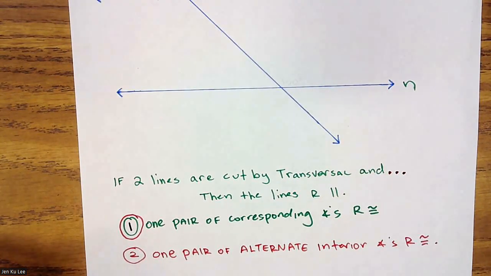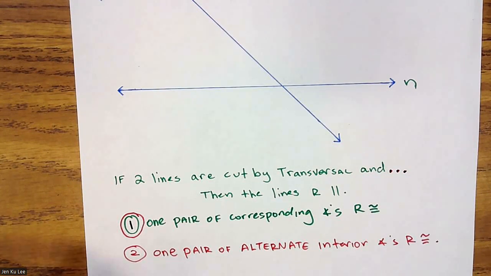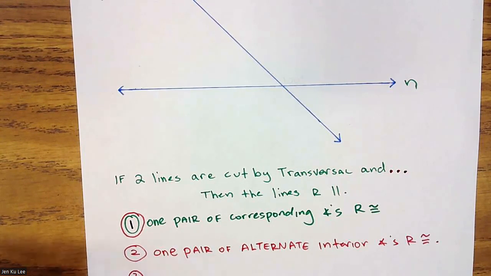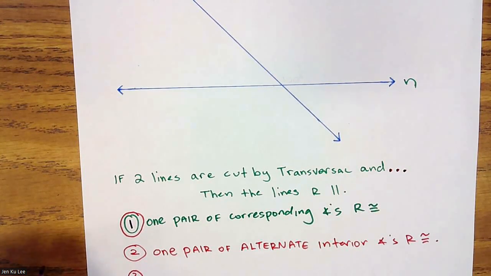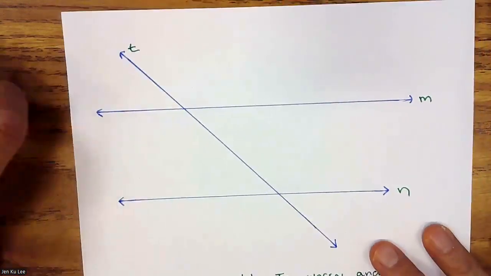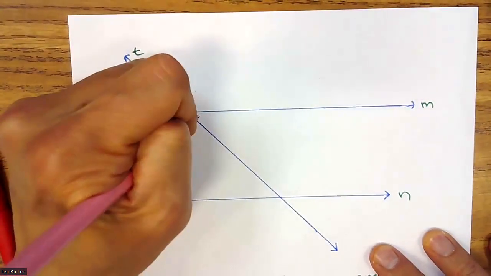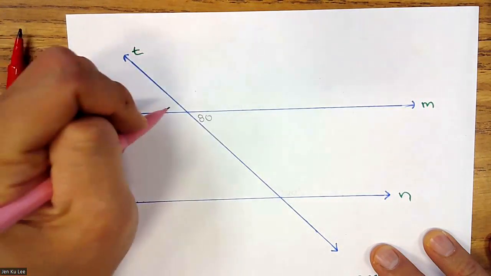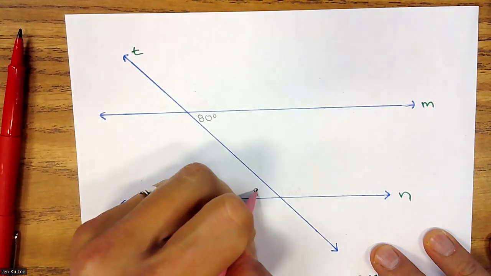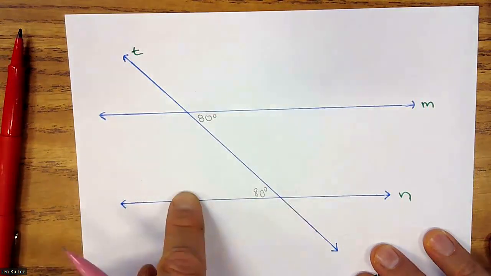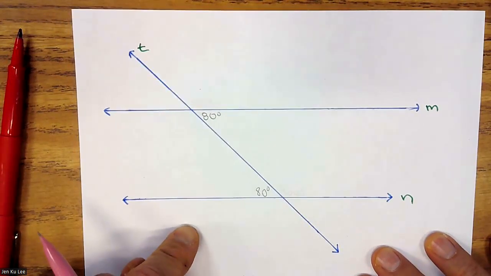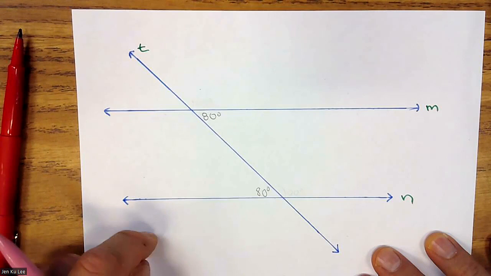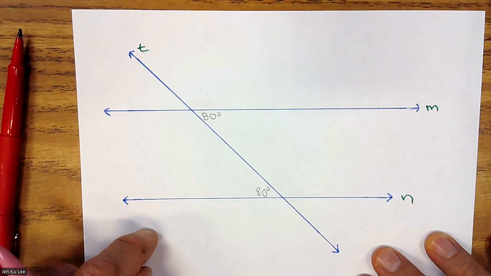What's another way? So if this is 80 degrees and this is 80 degrees, that's alternate interior, then those two lines will be parallel. What's another way?